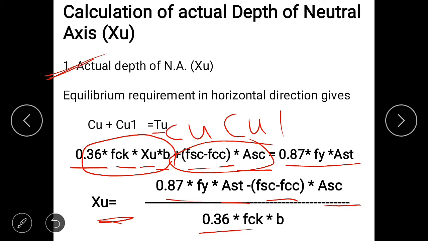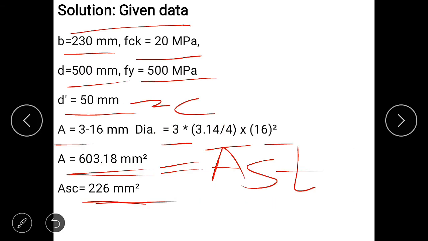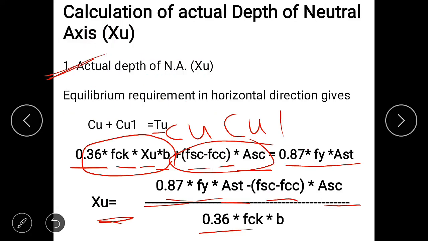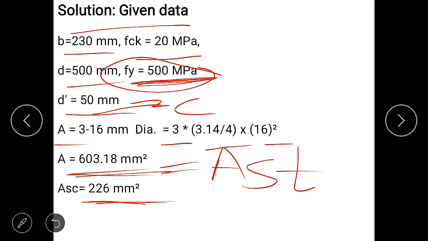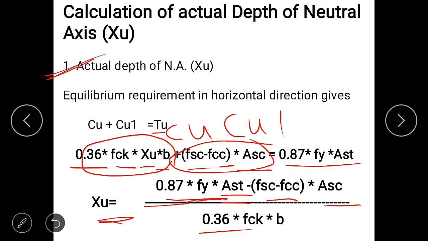So in this formula we have to put some values. 0.87 fy, where fy is given as 500. AST we calculated here, 603.18, minus fsc.